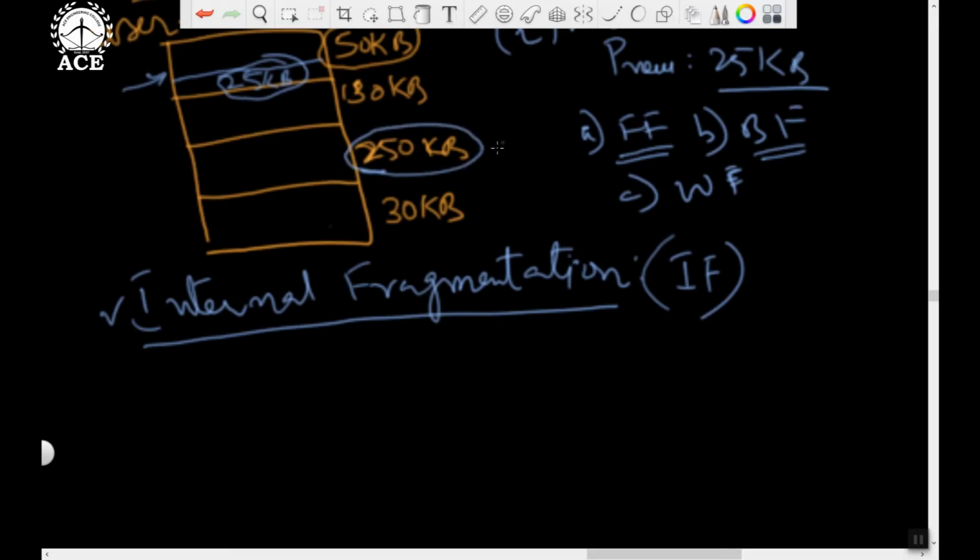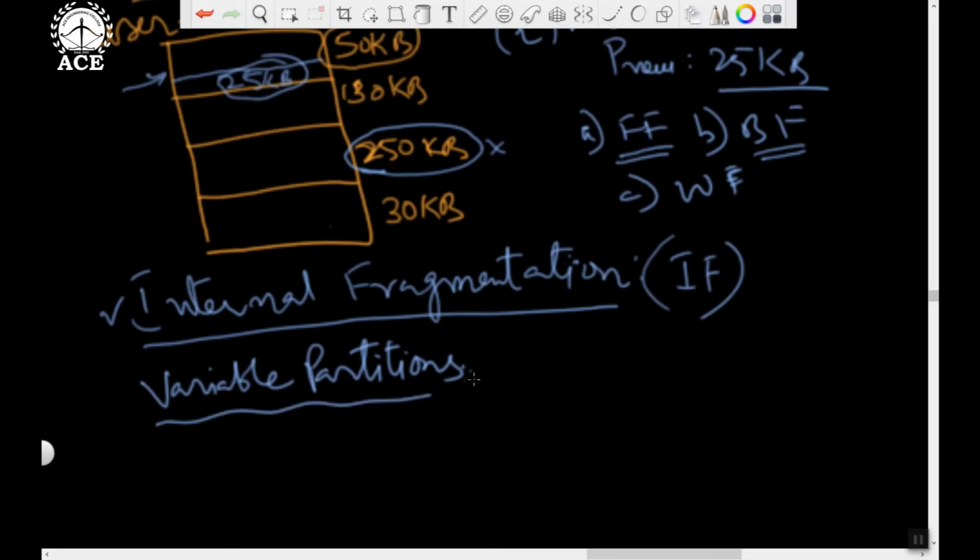This cannot be used for storing any other program, because one partition can hold only one program, and one program cannot be accommodated in more than one partition, one to one. So the leftover memory within the partition is called internal fragmentation. Why internal? Because it is within the partition. Hereafter we'll write internal fragmentation as IF.